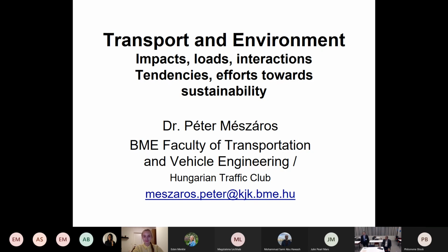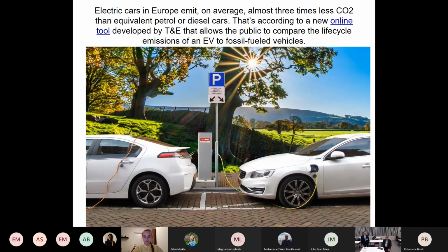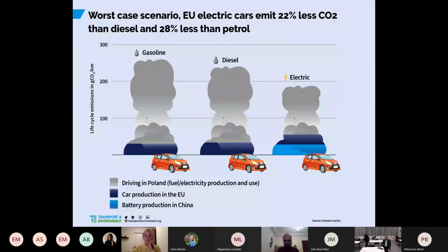So I prepared, as Zoltán mentioned, 3 blocks. The first, the 0 block, is a short prologue regarding the emission problems or efficiency problems of electric cars. This is recent news or statistics from the European Environment Agency or European Transport and Environment, which is an umbrella organization. Here the crucial question is what the source of energy is and what about the production of electric cars.